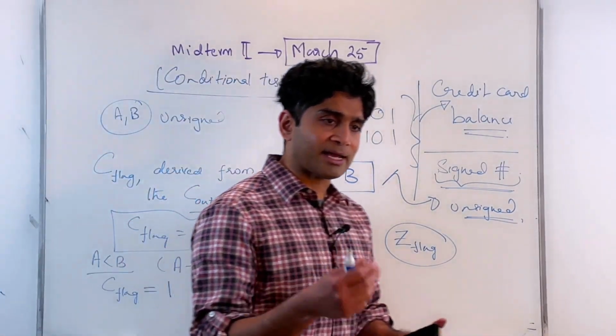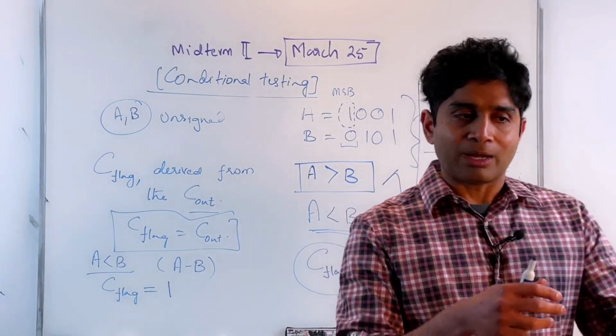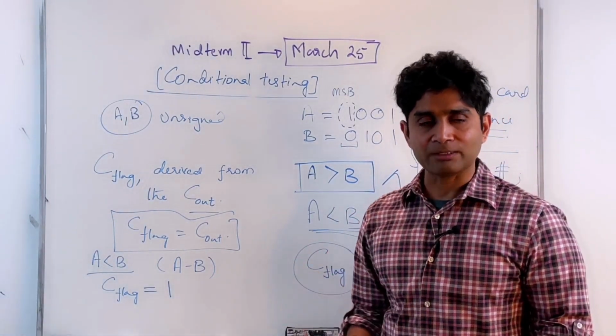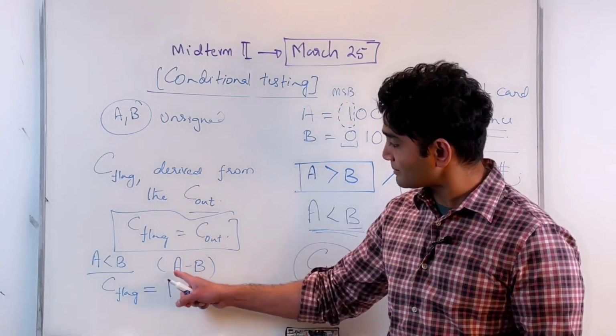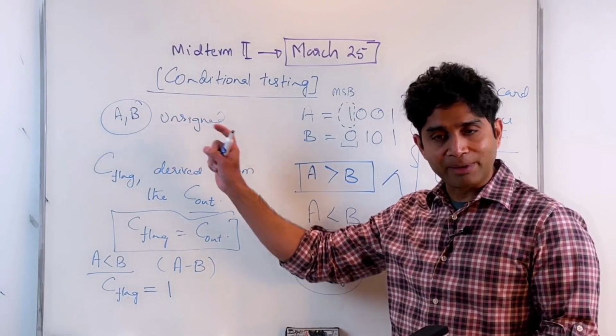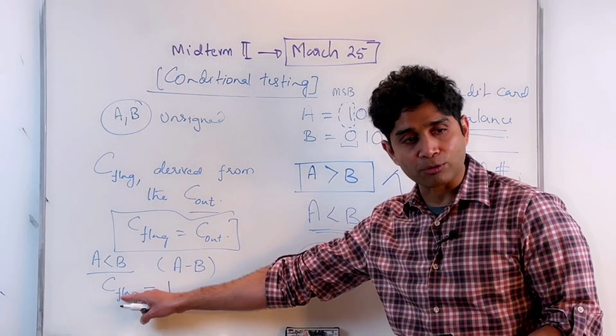The C flag indicates that I have to borrow. So I'm looking at my C flag as an imaginary borrow. I'm performing an A minus B operation, and A is less than B. That means my B has to borrow from this imaginary borrow, the C flag.